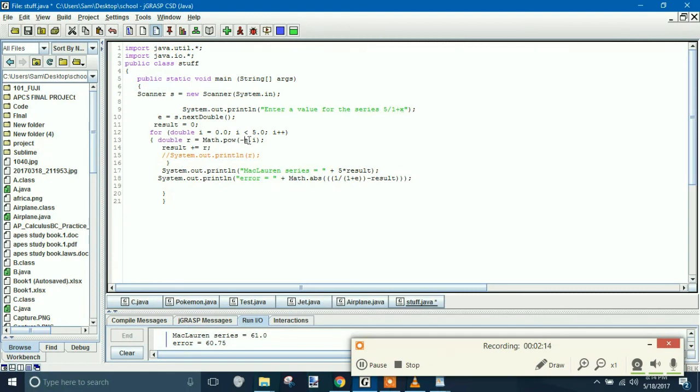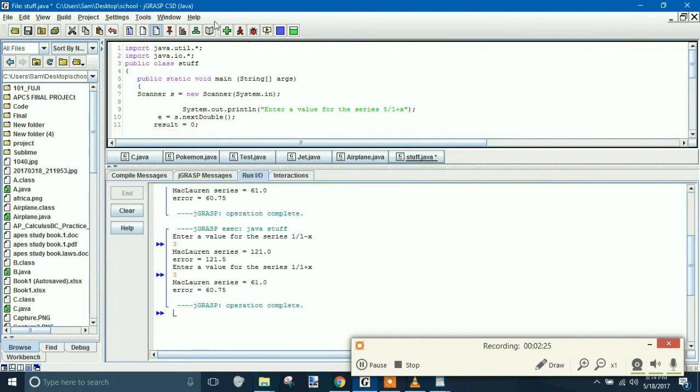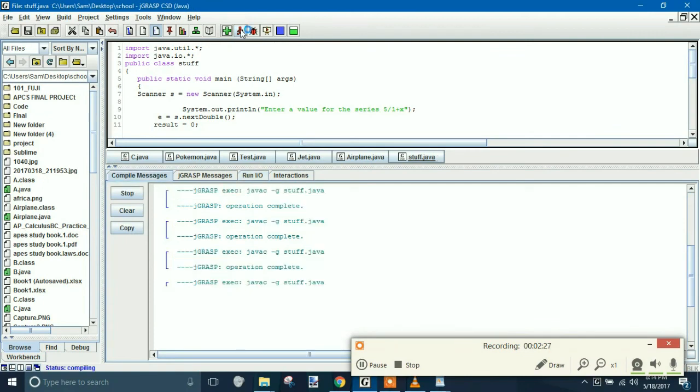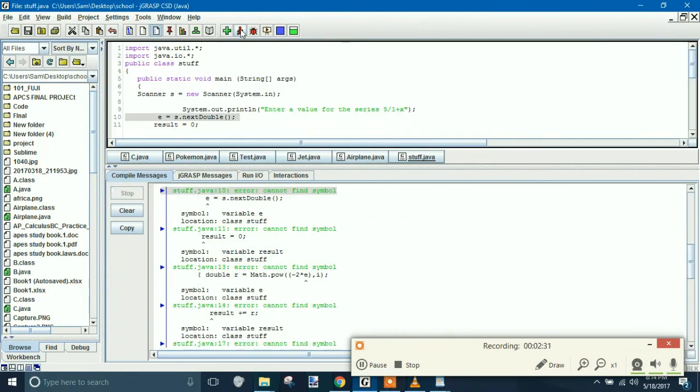So we're going to just put 2 here and multiply it by e, and we're going to put it in its own parentheses just to be safe. And that should be all we need. So actually, let's see how it runs. We're going to run the program and watch the whole thing crash. All right, wait one moment.